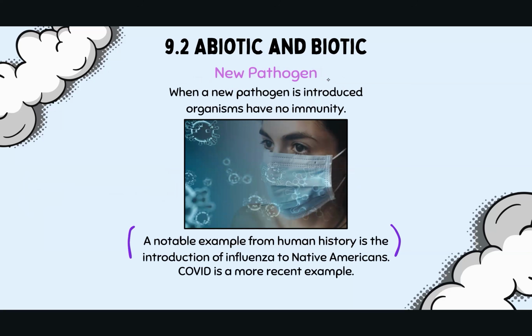And the people who lived there, the indigenous people, whose land it was, had no immunity towards these diseases, and they didn't have the genetics to save them in many cases. So a lot of people died from things like the flu or the common cold. A more recent example is COVID.